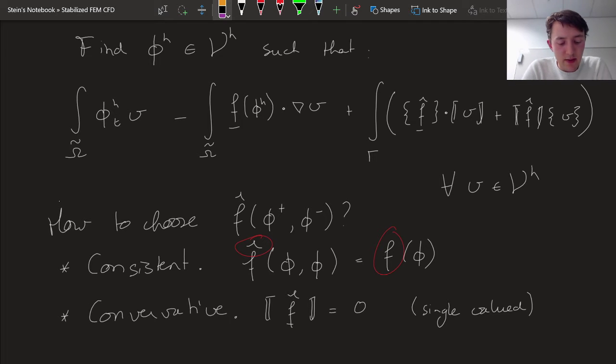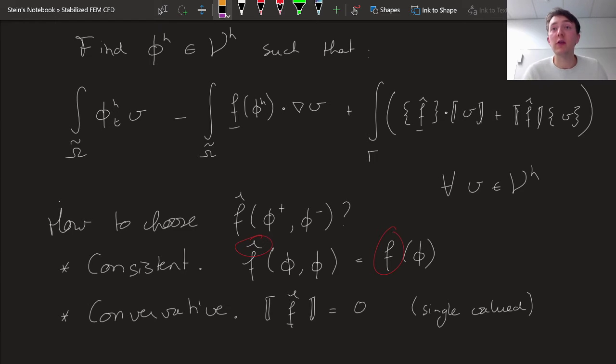And that's going to guarantee that we have certain conservation properties in our solution. That if we solve our discontinuous Galerkin method, then that solution is going to satisfy certain conservation properties.